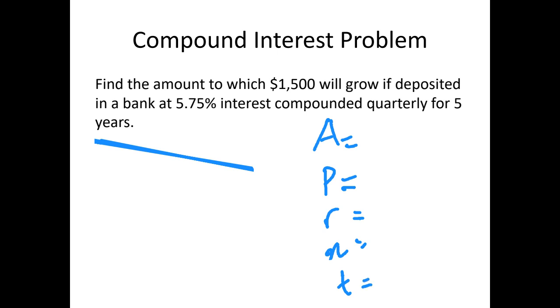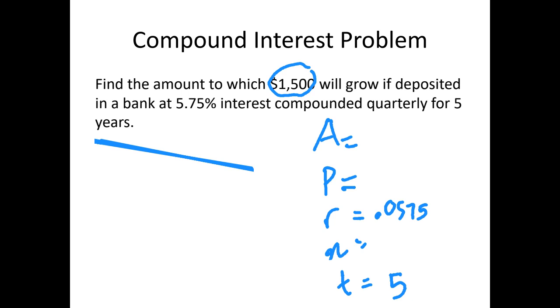For t, the time, they give me 5 years, so I would use 5. They give me the rate of 5.75%, so I need to change that to a decimal, which would be 0.0575. Then they give me 1,500, so I have to decide, is that going to be my A or my P? If we read this again, find the amount to which 1,500 will grow.